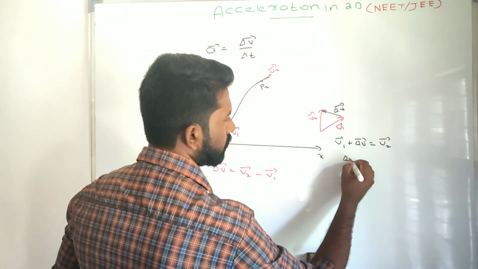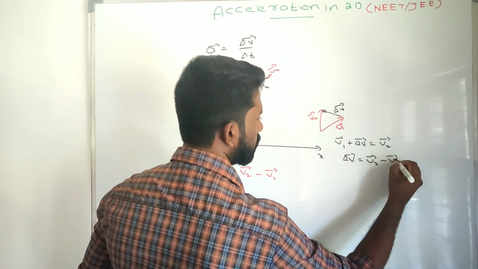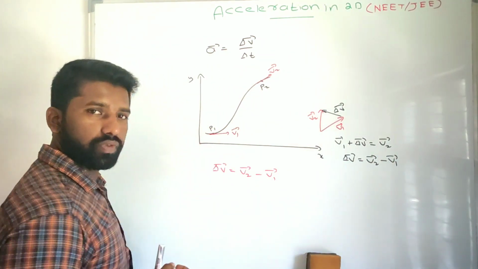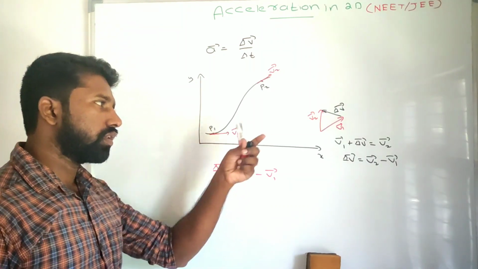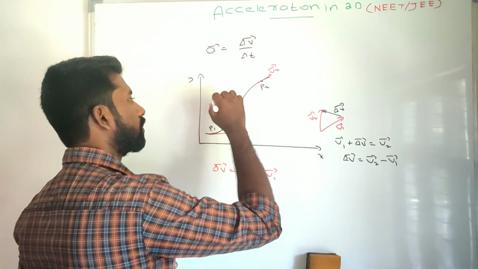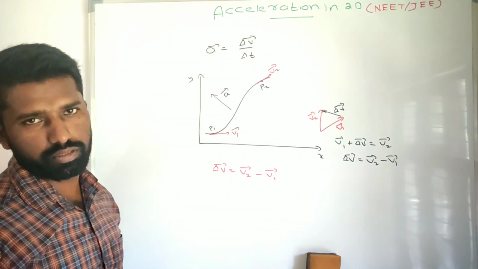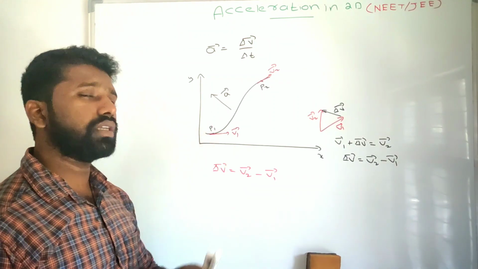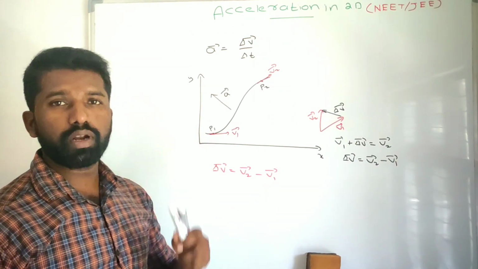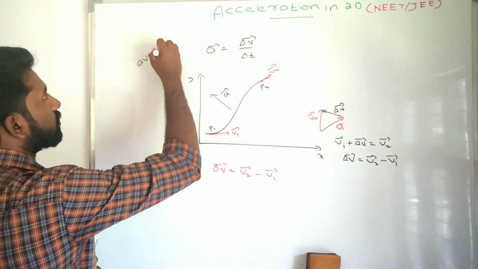Okay, from this, delta v is equal to v2 vector minus v1 vector. That is what we need to find out. So here you see that the change in velocity is in this direction. So the acceleration direction is like this. Okay, this is the acceleration in a particular interval of time. So this is the average acceleration.